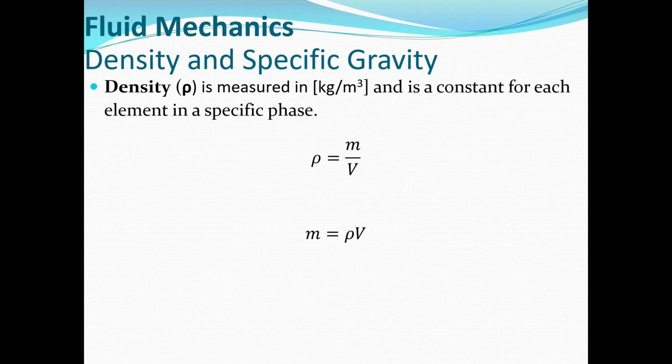To make our lives easy though, because liquids tend to be hard for us to measure the mass, or at least it's not useful for us to constantly be referring to mass, one of the things that we like to do is instead of mass, we tend to use density times volume.